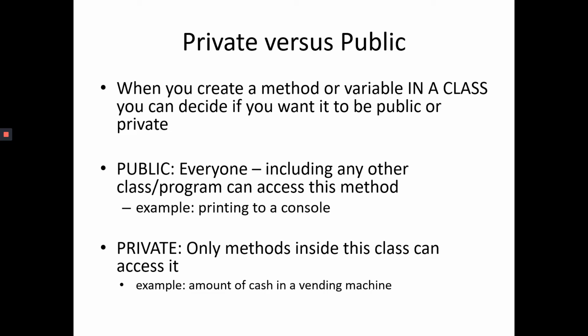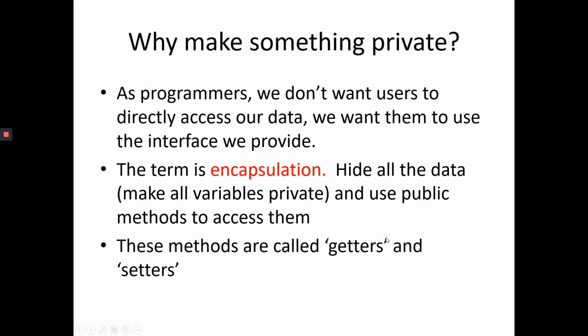Something you might want to keep private would be, for example, the amount of cash in a vending machine. You don't necessarily want other people outside the class to have direct access to that variable. It's too easy to potentially get hacked or have vulnerabilities with.